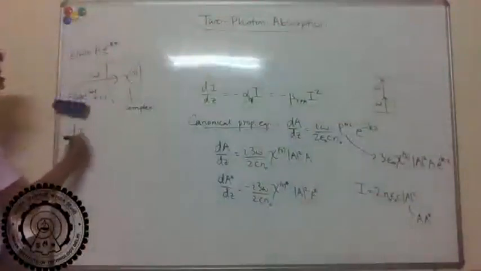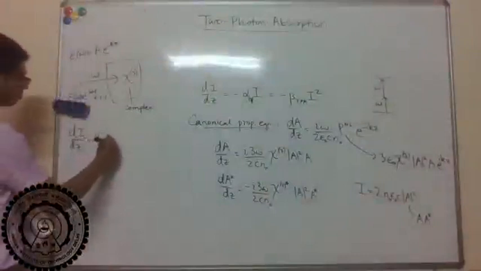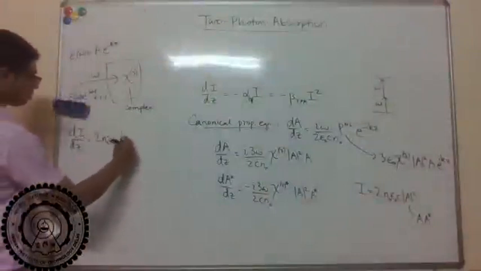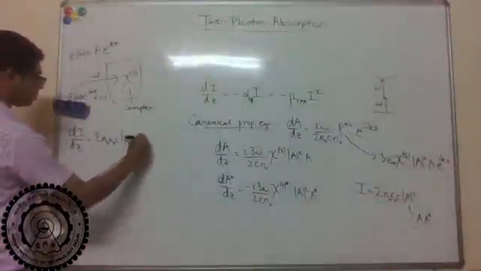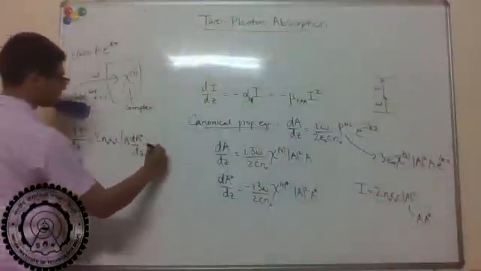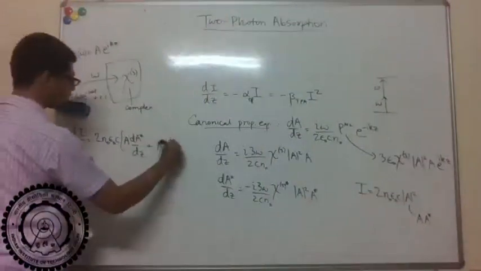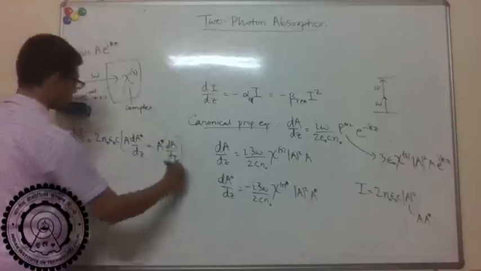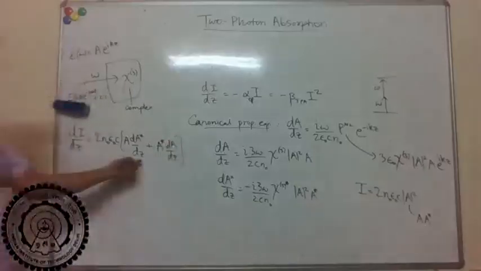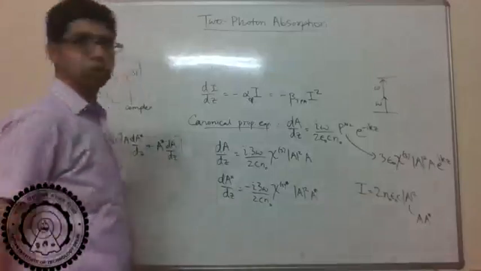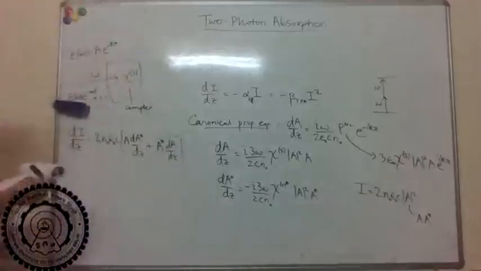So dI by dz, and then I plug in the expressions for dA by dz and dA conjugate by dz.